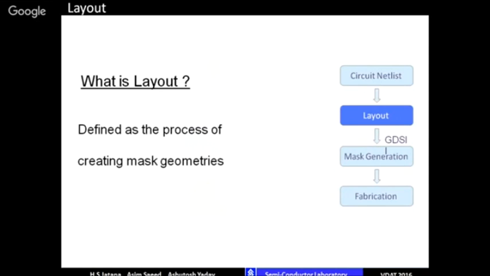From the layout we get these various polygons, and these polygons are used in generating the masks, in a format known as GDS, and all these masks are used in the fabrication of the device.